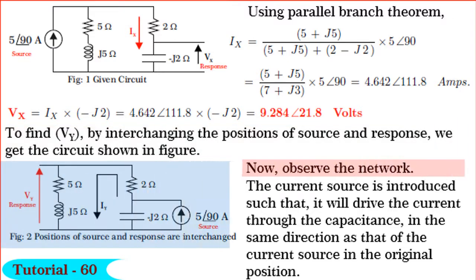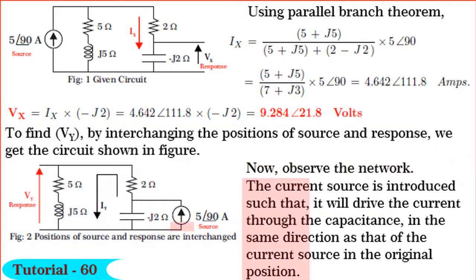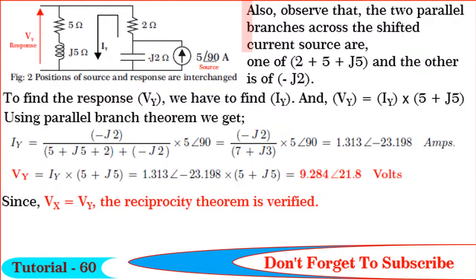Now observe the network. The current source is introduced in such a way that it will drive the current through the capacitance in the same direction as that of the current source in the original position. This is very important. Also, observe that the two parallel branches across the shifted current source now are one of 2 plus 5 plus J5 and the other of minus J2 ohm.